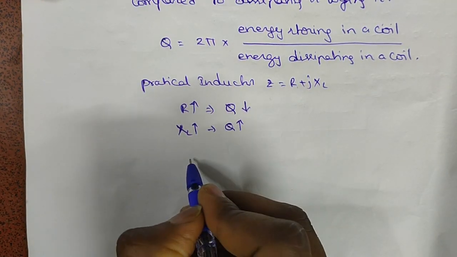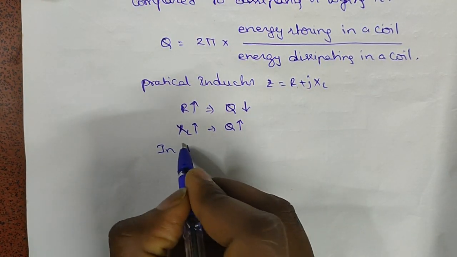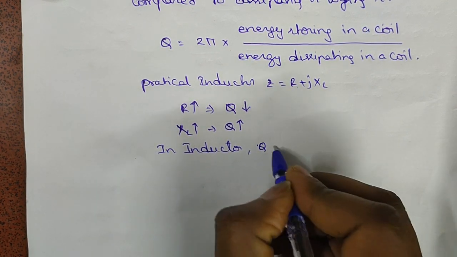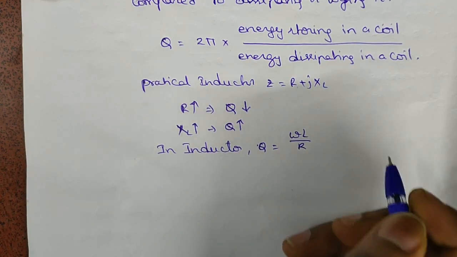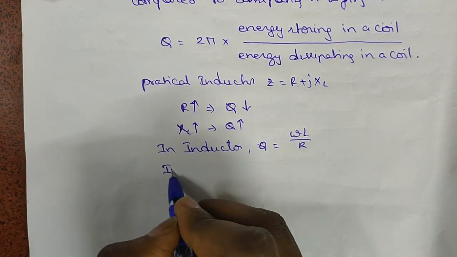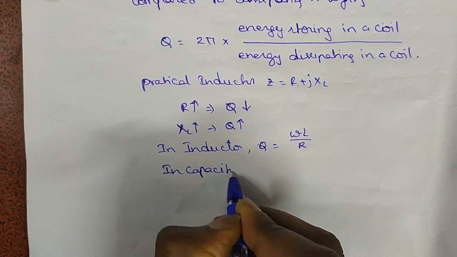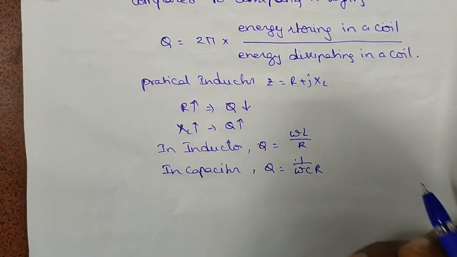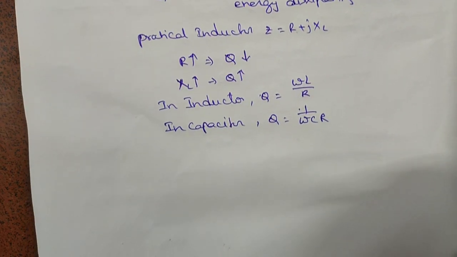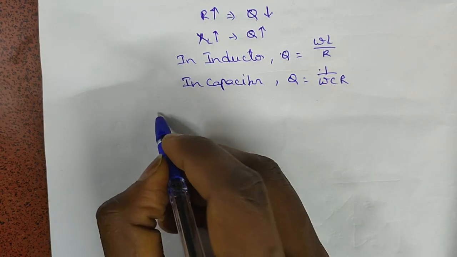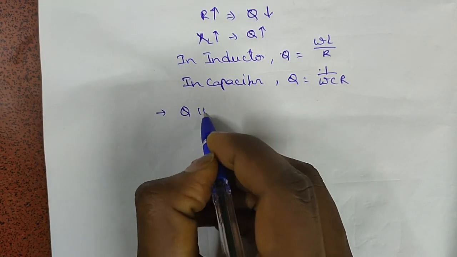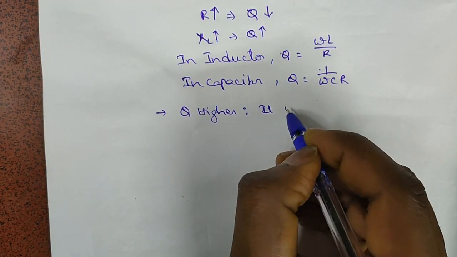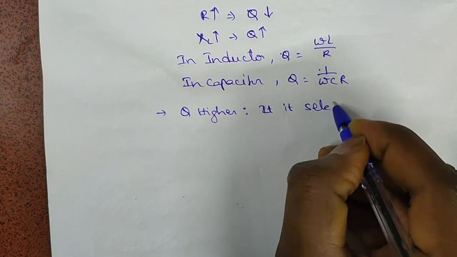The formula for Q for an inductor: Q value will be omega L by R. In a capacitor, Q will be 1 by omega C into R. If Q is higher, then it is selective.